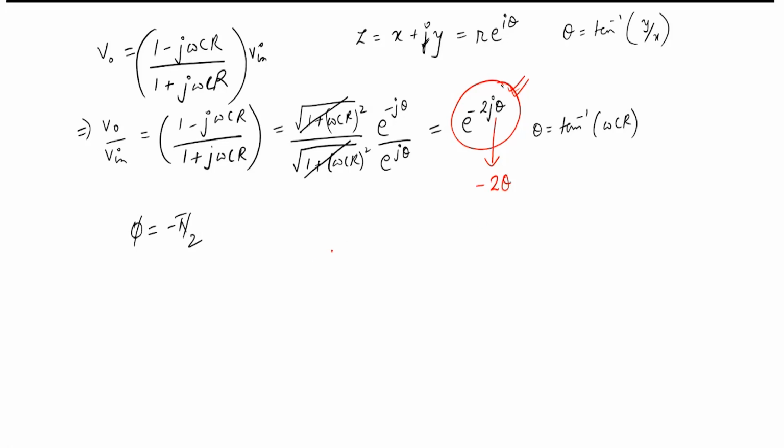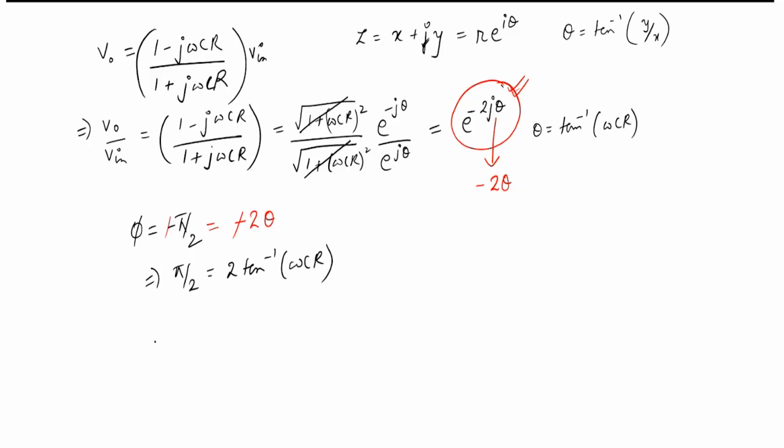Yes. So this minus pi by 2 is equal to minus 2 theta. Minus minus cancel. Then you have pi by 2 is equal to 2 tan inverse omega CR.